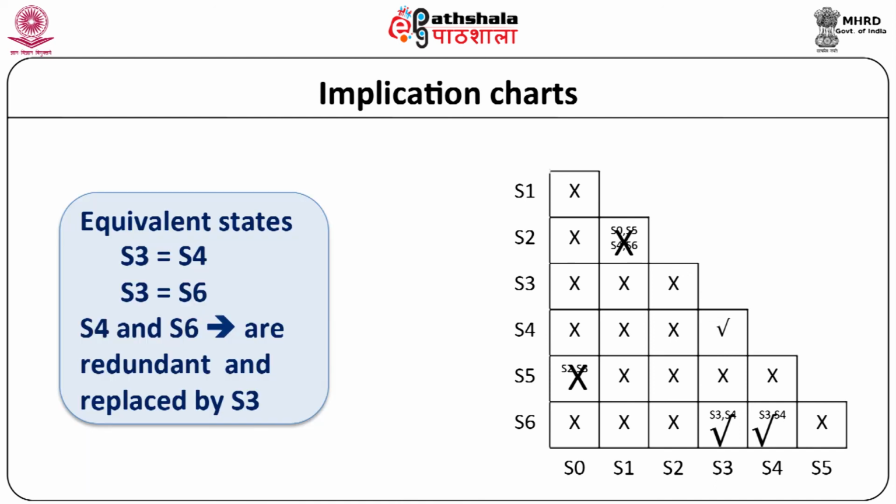The implication chart indicates the pairs marked by correct tick mark are equivalent. The state pairs S3 is equal to S4 and S3 is equal to S6 are equivalent. This indicates that two states S4 and S6 are redundant.